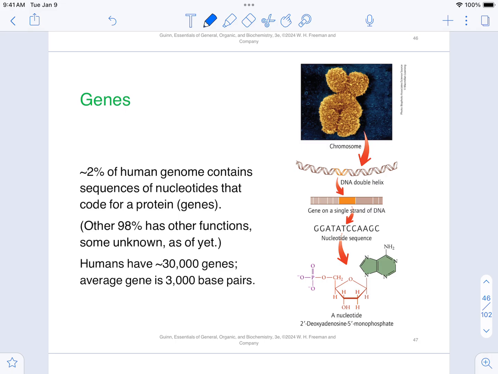Roughly 2% of the human genome contains sequences of nucleotides that code for a protein. And the other 98% have other functions, which some we don't even know yet. We have roughly 30,000 genes, and the average gene is about 3,000 base pairs. So again, you're talking about a lot of base pairs here.